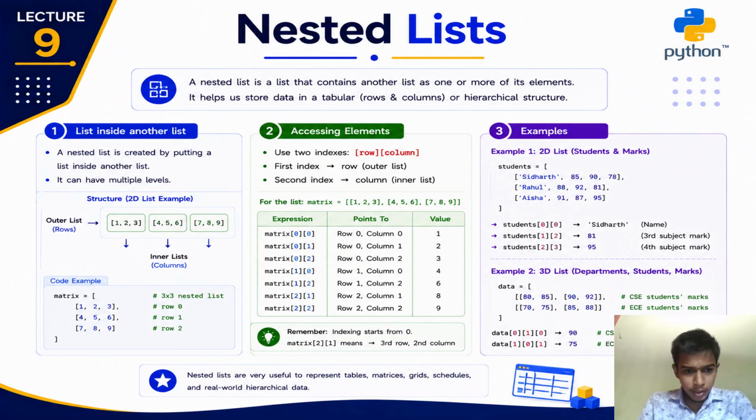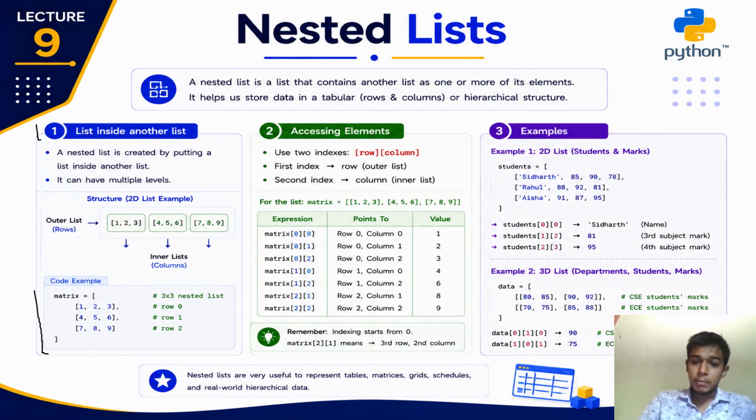For example, you can see this matrix. Here the outer list contains three inner lists. Each inner list represents one row. So instead of storing individual values separately, we group them together. Now let's see a list inside another list. A nested list is created by placing one list inside another.